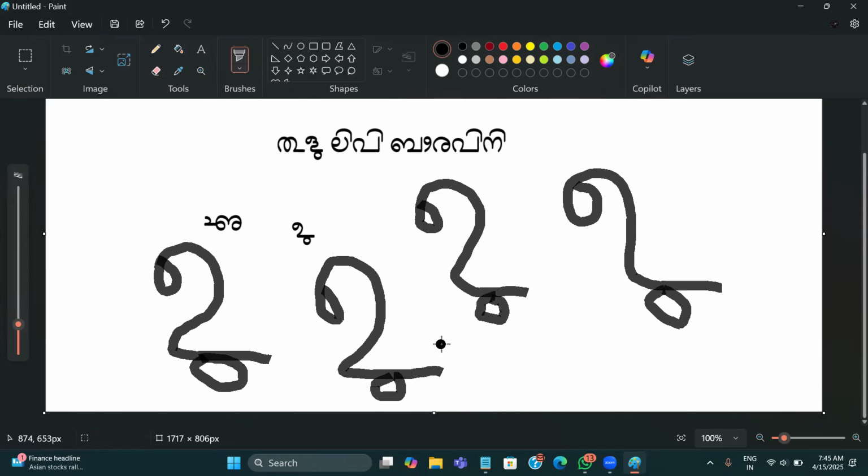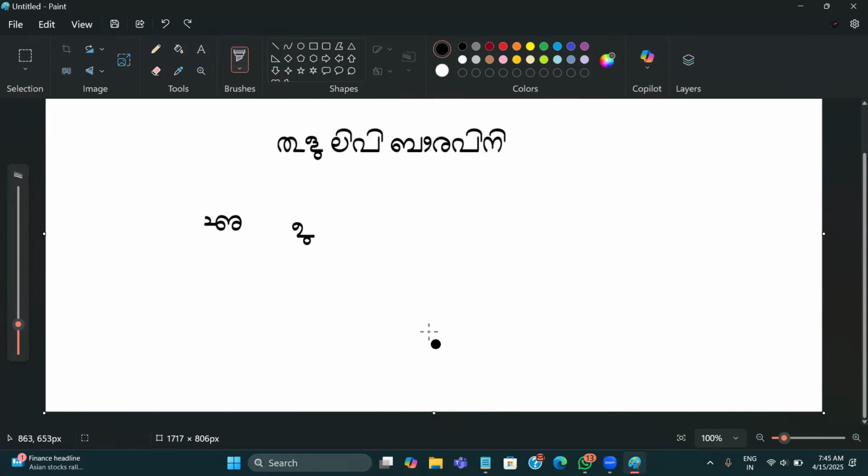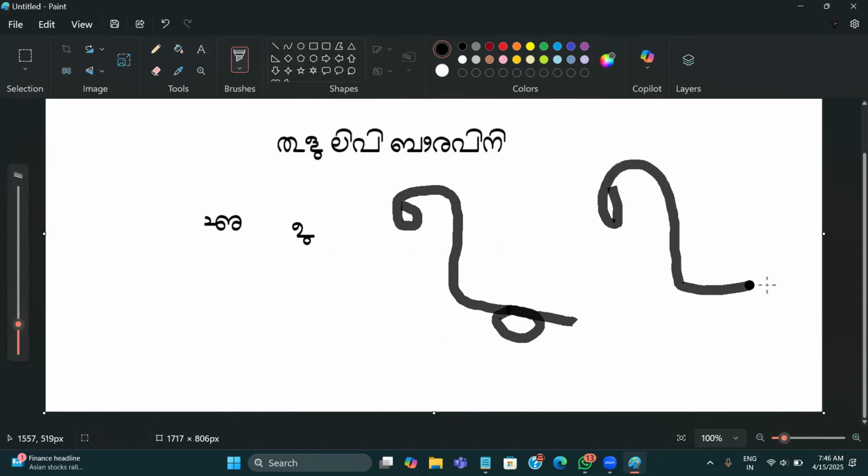And I will show you different patterns written for U. As I have told, U was written like this. Sometimes they will put a zero like this. In some manuscripts it is this.